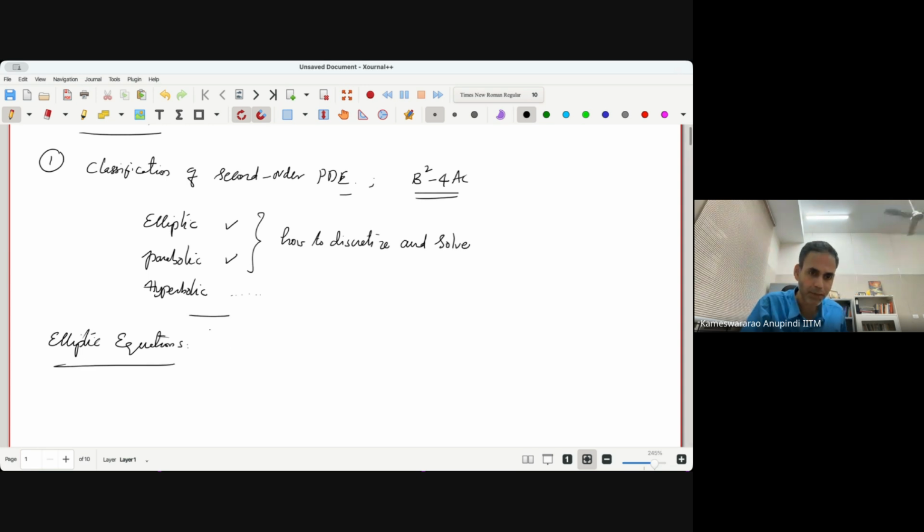Elliptic equations are typically obtained for steady state problems or equilibrium problems.